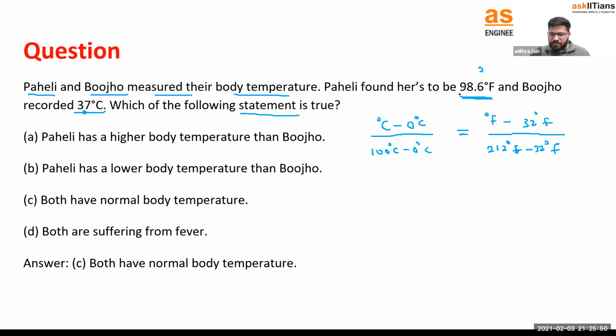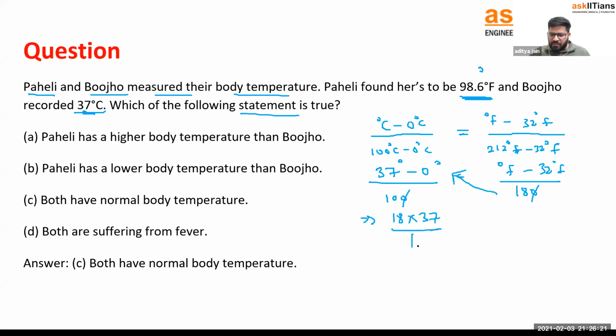So see what is given: 98.6 and 37 degrees. Let's put 37 degrees here and see what its temperature will be in Fahrenheit. So it will be 37 minus 0 divided by 100 minus 0, which is 100, equals degrees Fahrenheit minus 32 divided by 212 minus 32, which is 180. The 10s cancel out, so by cross multiplying, 18 into 37 divided by 10 equals temperature in Fahrenheit minus 32 degrees Fahrenheit.